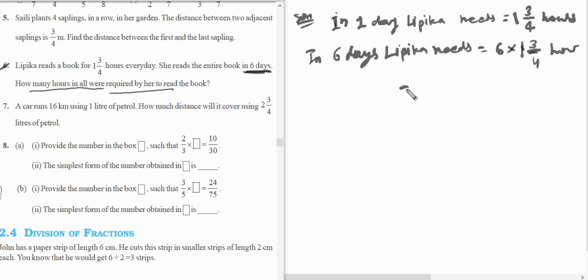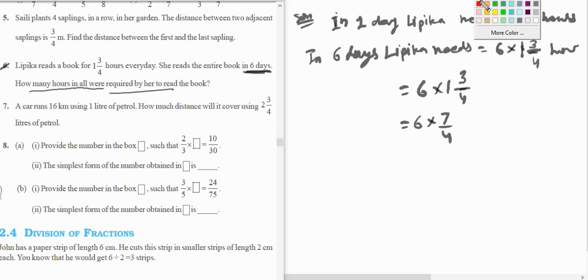Now we have to calculate only this one. So 6 into 1 3 by 4, so you can convert it into improper fraction. 4 ones are 4 plus 3, 7 by 4. Now you can cut it by 2, 2 twos are 4 and 2 threes are 6, 3 sevens are 21 divided by 2, right?